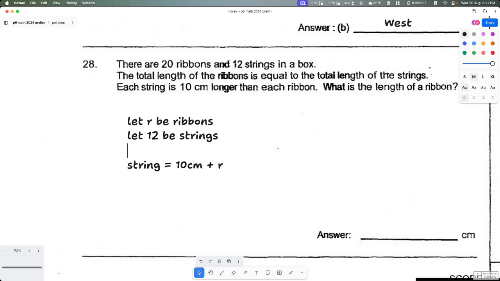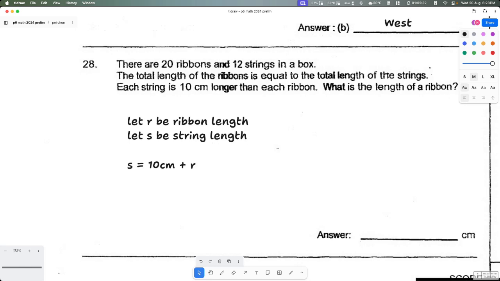Okay, so S is equal to 10 centimeters plus R. So that's the length, right? So that means let R be ribbon length and let S be string length. Okay, all right, now this makes sense.